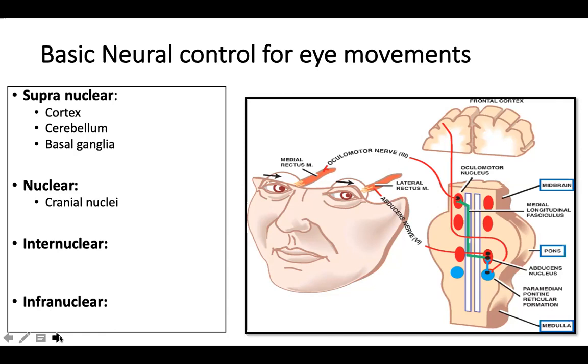Whereas your internuclear connections is by means of the medial longitudinal fasciculus, which is a long bundle which runs from the hypothalamus down up to your medulla and cervical cord. And then you have the infranuclear by means of cranial nerves, oculomotor nerve, trochlear nerve, and abducens nerve. That is your cranial nerves.